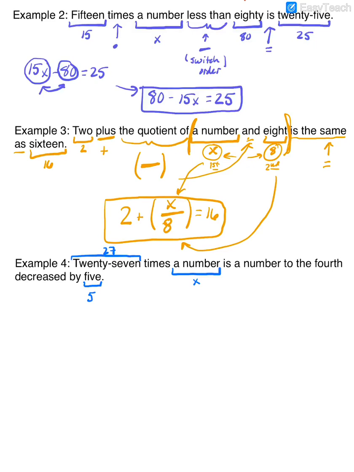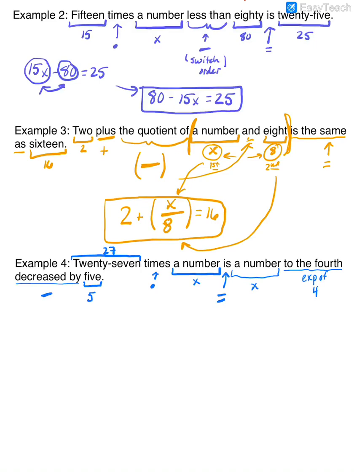Now I also see to the fourth. That would be an exponent of 4. Okay. I see a number again. So I have 2 numbers. And then I see the is there. So that would be equals. I see times. And I also see decreased. So subtraction.